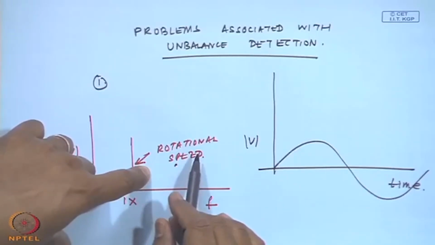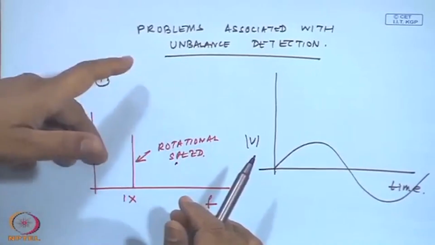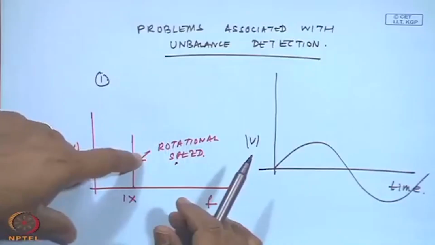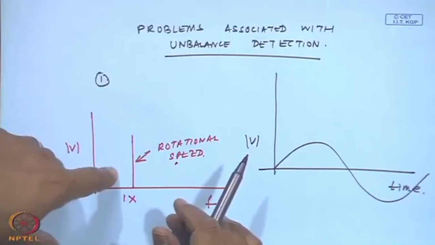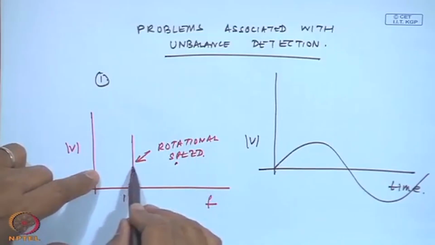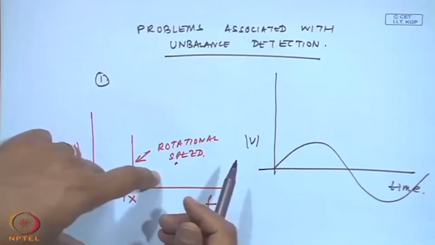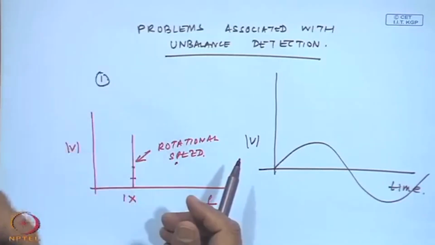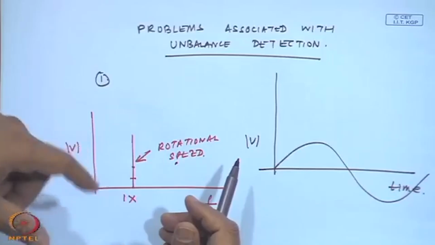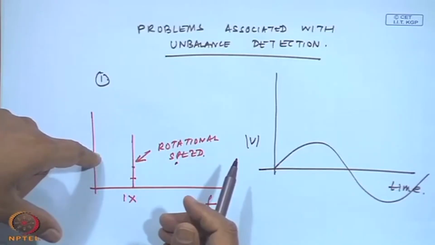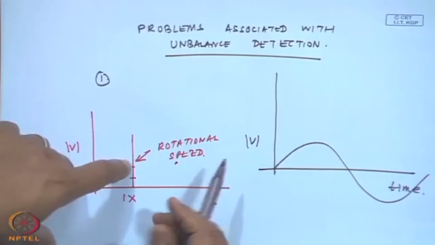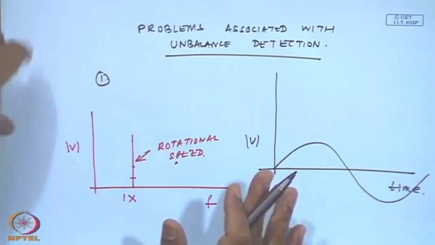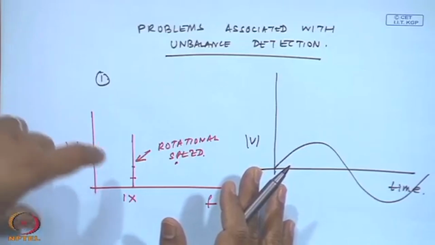So, this may be misleading. I have seen many times people, when they see a rotational speed, they say, well, no, it is unbalance. That is not true, because this rotational speed is fundamentally there, because of the physics of the problem. Of course, this can be less, this can be more, but think of it this way: if this was misaligned, or this was a bearing defect, I am still going to have a rotational speed coming up. So, just seeing in the spectrum a frequency at 1x, you should not be biased to detect unbalance.